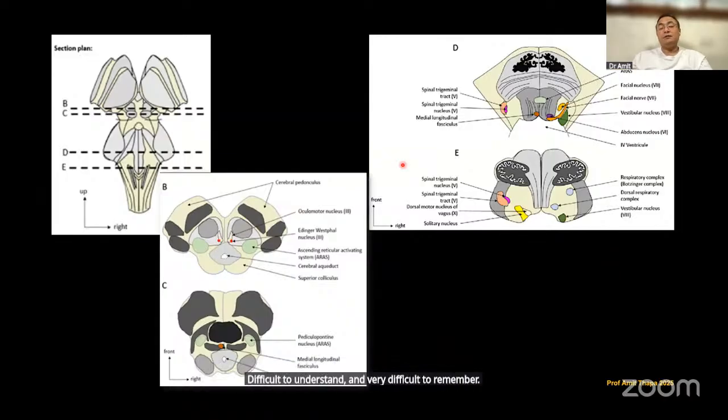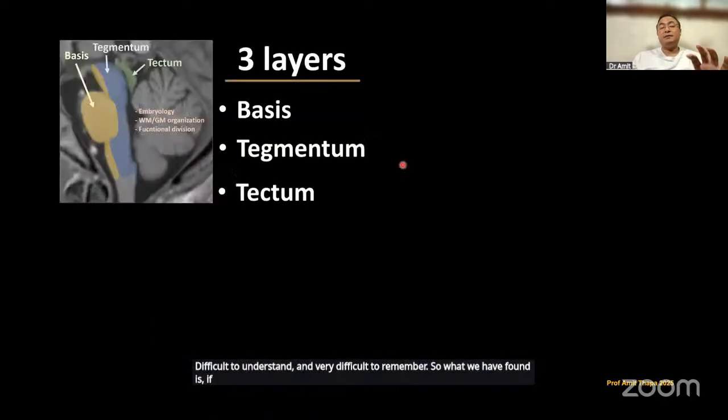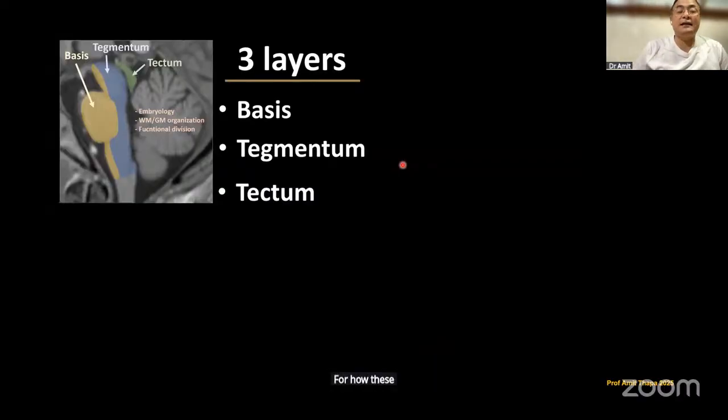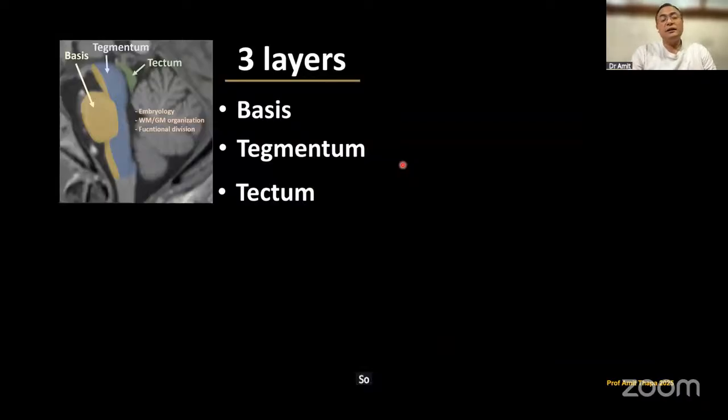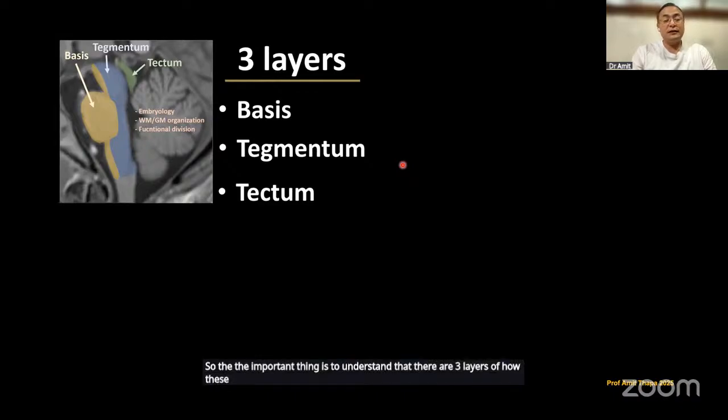So what we have found is if we can understand the basic concept of how these arrangements are done, then it can be replicated at all the levels of the brainstem, be it midbrain, pons, or medulla. The important thing is to understand that there are three layers of how these neurons and the axons are arranged in this part of the brain.